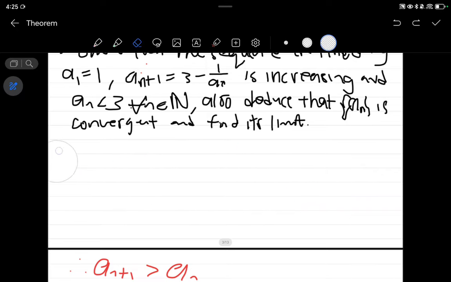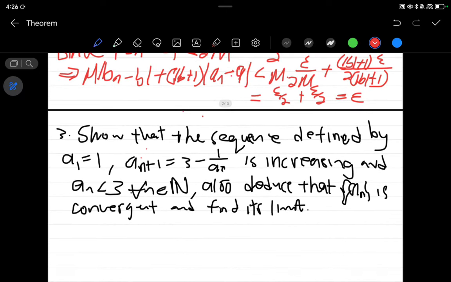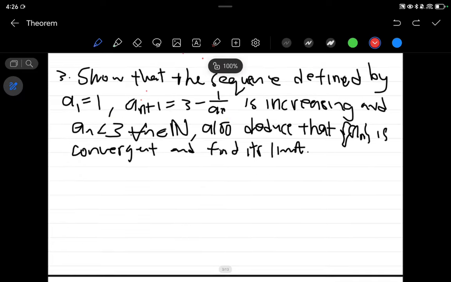Remember, they said we should show that the sequence defined by this is increasing. Let's check the increasing part: a of n plus 1 minus a of n equals, don't say greater or less, we're going to use this method.